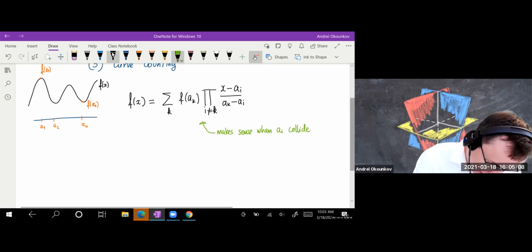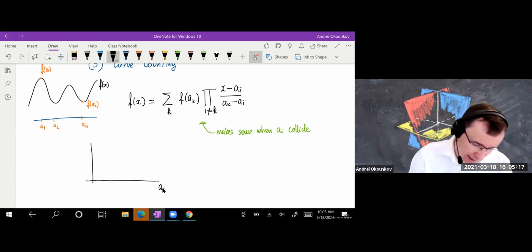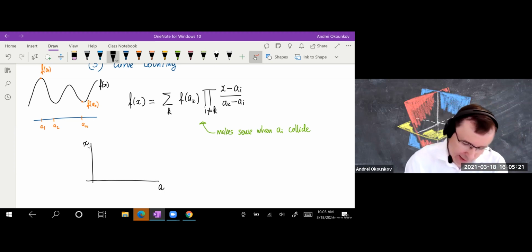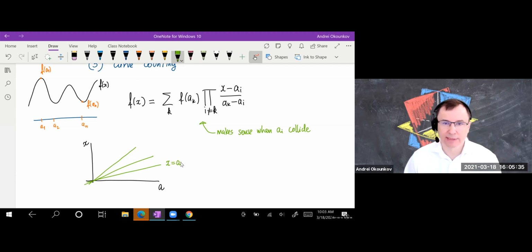If I may draw the caricature, there's a space of these a's, and there's a line of x, and then in that space there's a subvariety, which looks schematically like the union of things where x equals one of the ai. It's some union of hyperplanes in this algebraic variety.